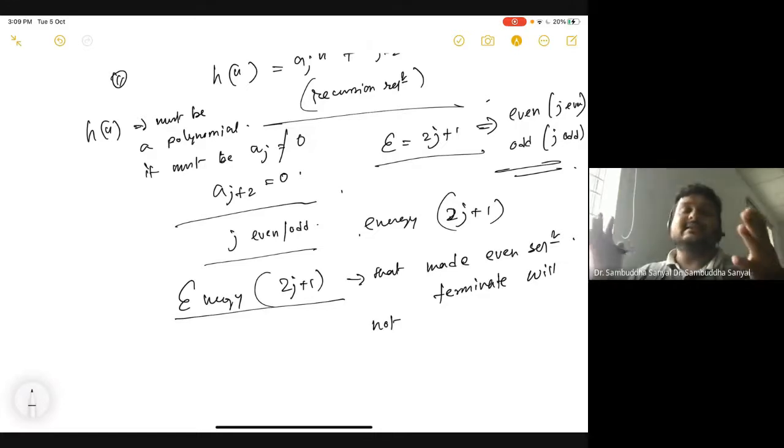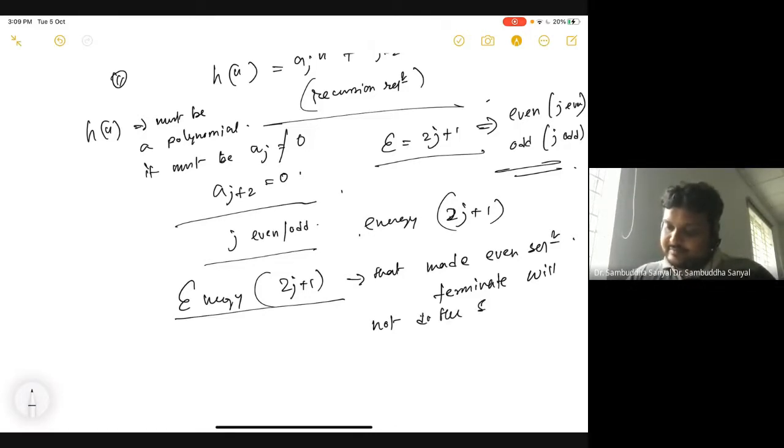It simply says both the even and odd are not the solution at the same time, and that is in accordance with the theorem. It tells you if my potential is even, the solution is either even or odd, not both, not a mixture of both.